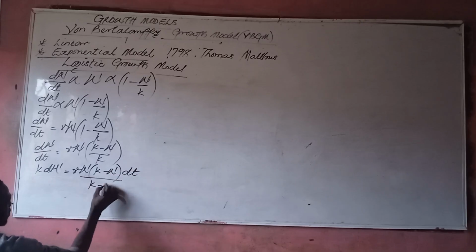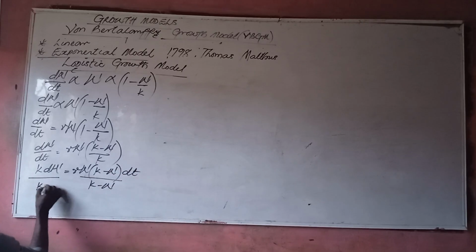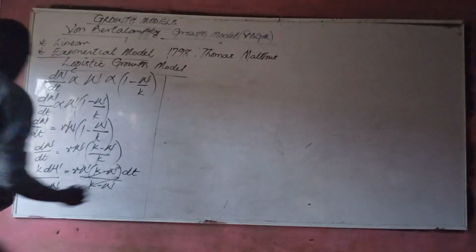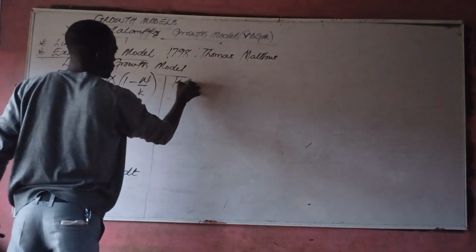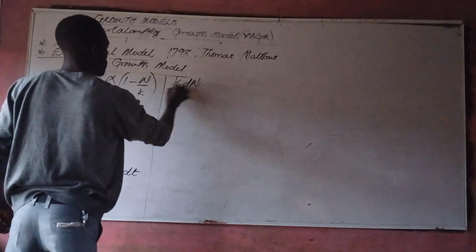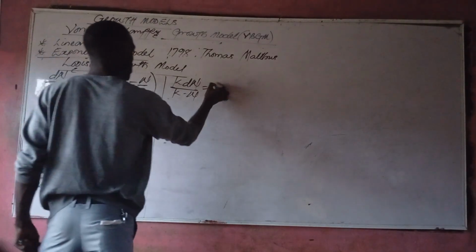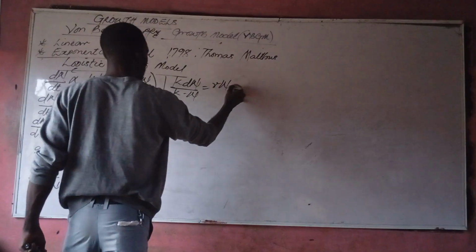Divide both sides by K minus W, over K minus W. This takes care of this. So I have from here K dW over K minus W is equal to RW dt.